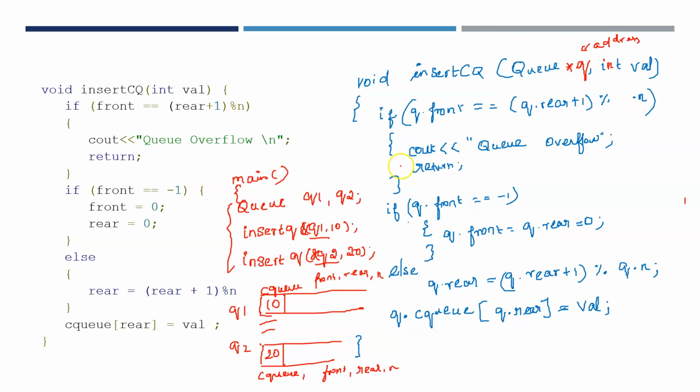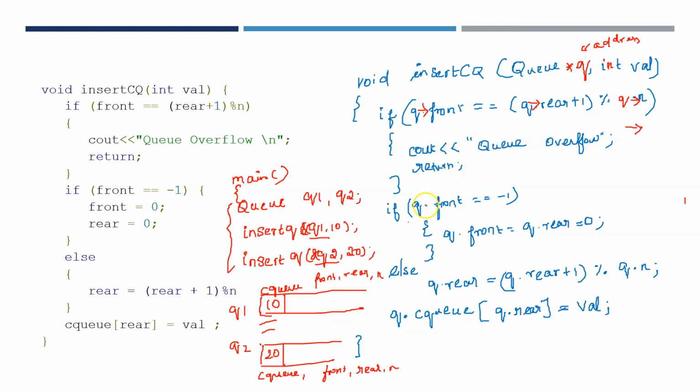But there is another small change to be done here. Wherever you put the dot operator, you need to go with the dash operator, the arrow operator. So just a dash followed by a greater than symbol.